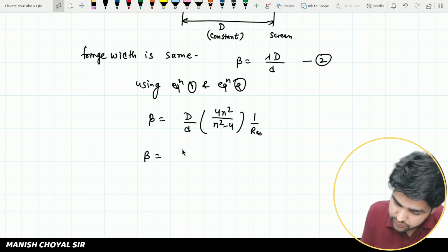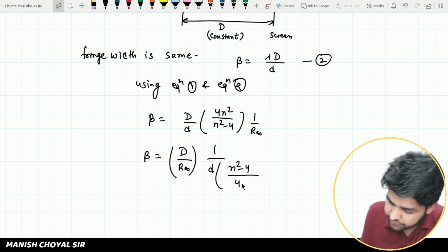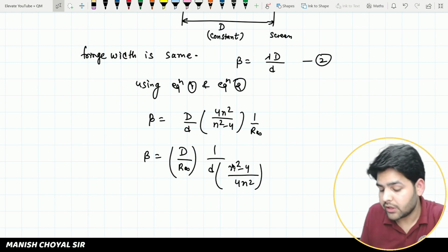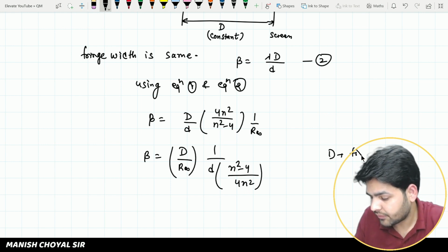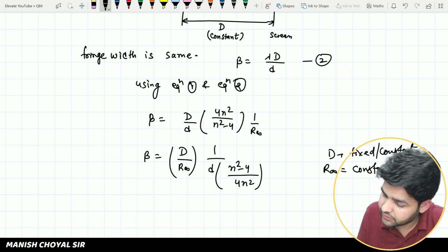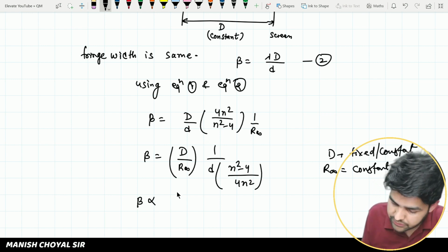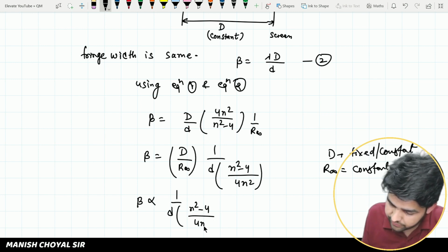So beta equals capital D by R infinity, 1 upon small d, (n square minus 4) divided by 4n square. Here D is fixed and constant, and R infinity is also constant. So we can say beta is directly proportional to 1 upon d, times (n square minus 4) divided by 4n square.